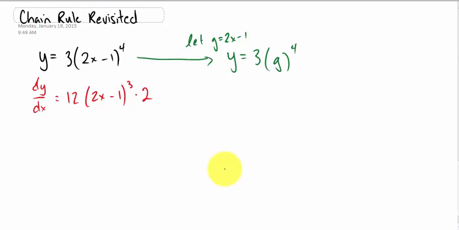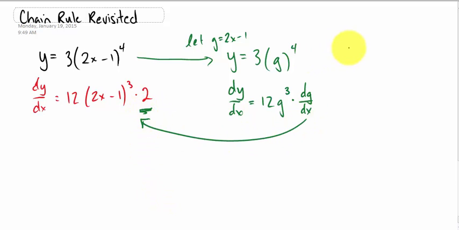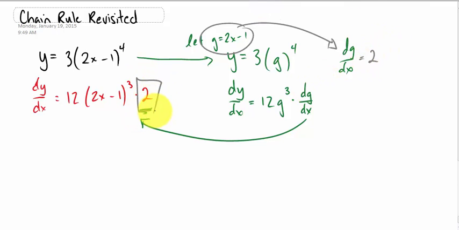Now if I'm going to follow the same differentiation steps as I did in red, dy/dx is equal to 12g cubed, but then I multiplied by the derivative of that g with respect to x. That's what the 2 is here. dg/dx, if I want to take this and differentiate with respect to x, that's going to be equal to 2. That's where this guy comes from.